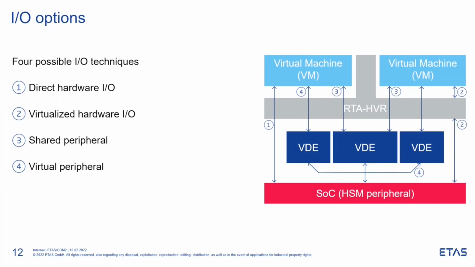The final case is virtual peripherals. Our most common use case for a virtual peripheral is to provide communication between different virtual machines. And we found that a very good starting point for this is to provide a simulated CAN bus. What this means is that each virtual machine communicates to its own virtual device, to its own virtual CAN, and communicates to each of the other virtual machines.